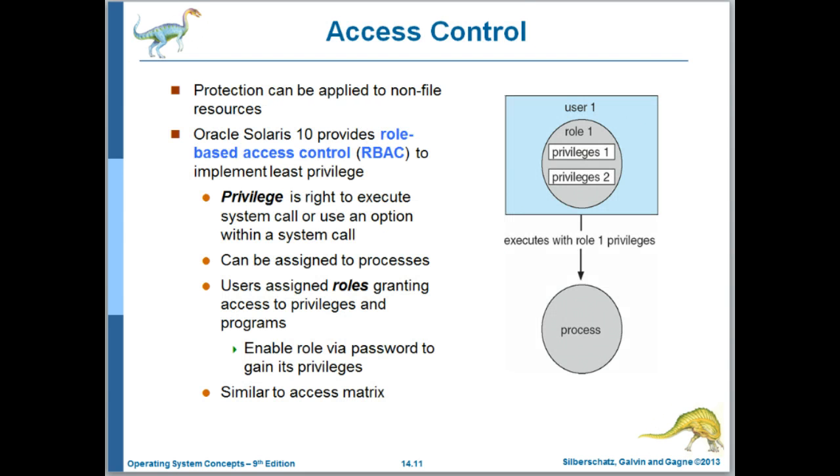So Solaris has this notion of role-based access control to implement the principle of least privilege as mentioned here. It's similar to an access matrix. So a role corresponds to a domain, as we've been discussing, and you can see here that the notion of an object is extended to include system calls and even options within system calls, giving a rather fine grain of control.